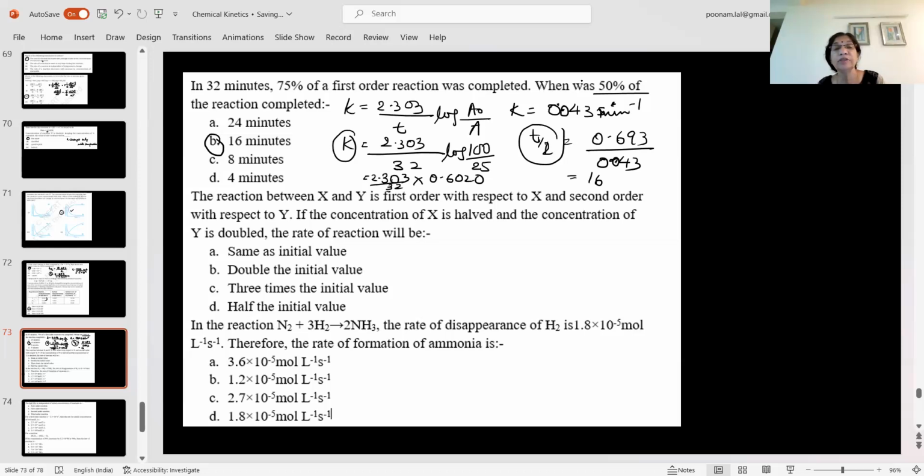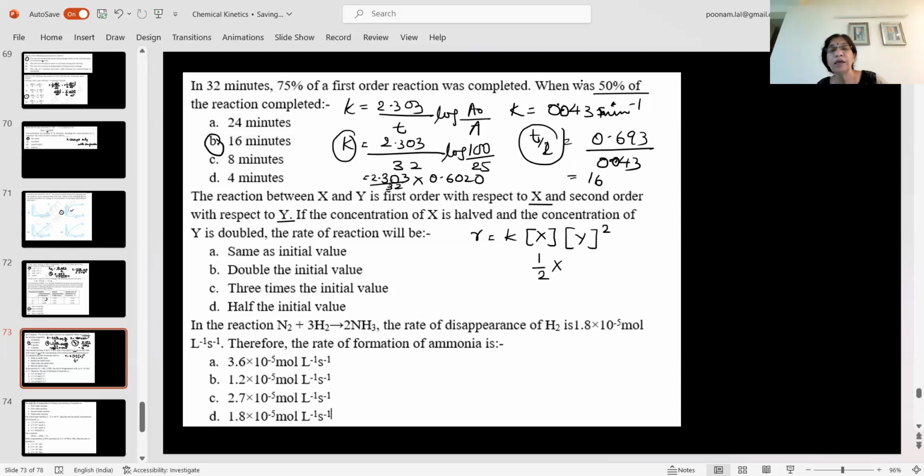The reaction between X and Y is first order with respect to X and second order with respect to Y. Okay, so what is the rate law? Rate law is K, first order with respect to X and second order with respect to Y. Right, now what are we doing? If the concentration of X is halved, so X becomes 1 by 2.